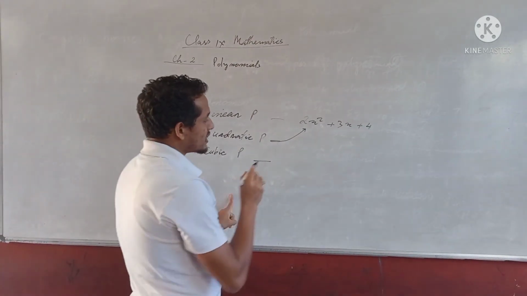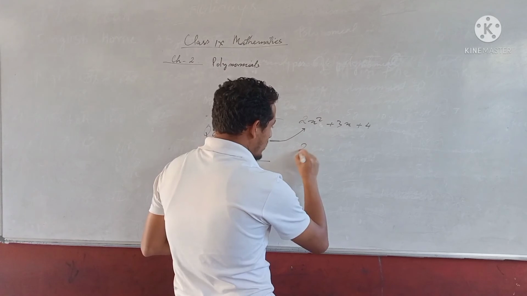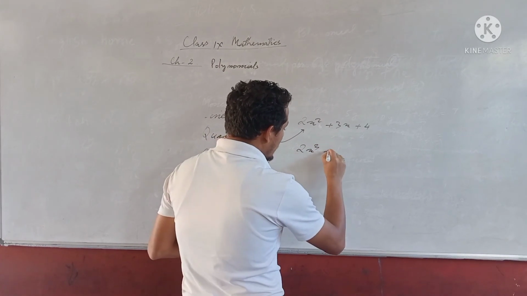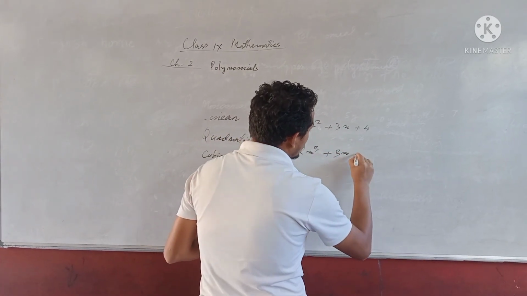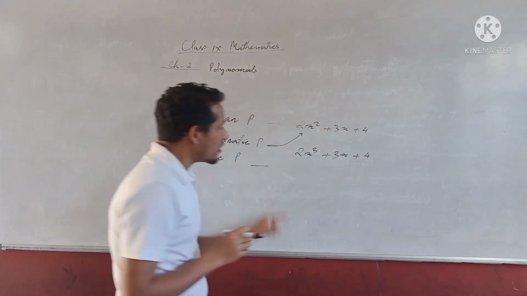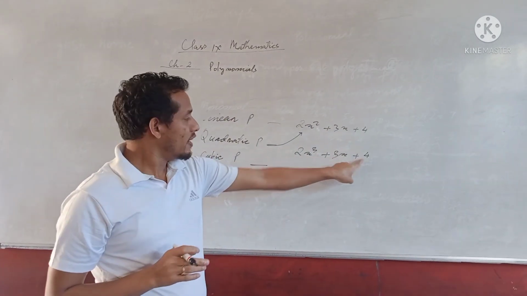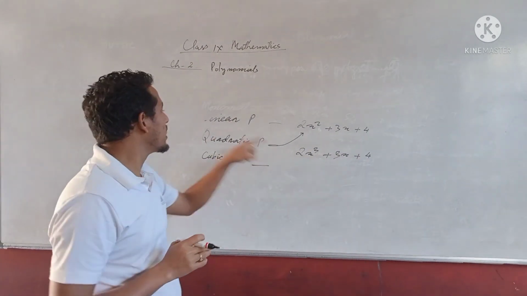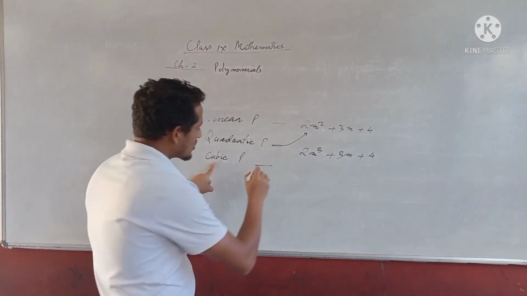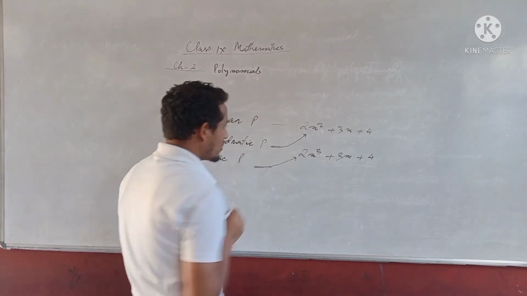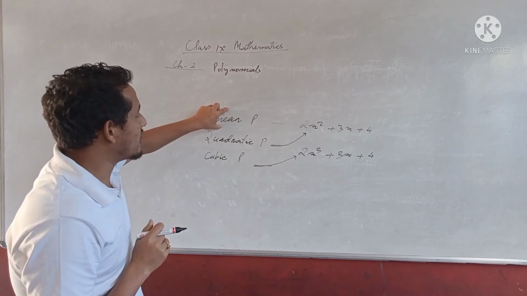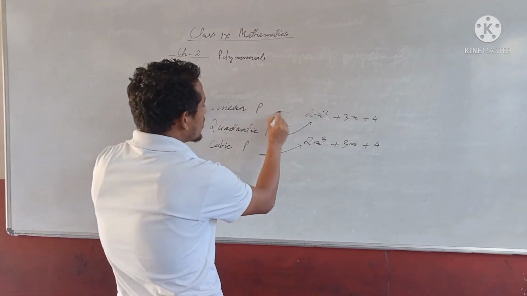Then another example, 2x cube plus 3x plus 4. Now the highest power is 3. To identify this polynomial you have to see it is cubic. So this is a cubic polynomial. Now the remaining one is linear polynomial. Linear means with only one power.